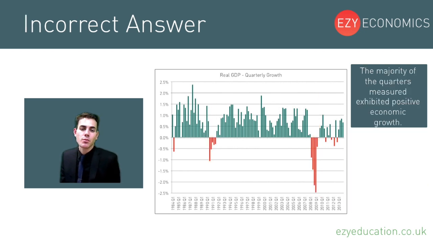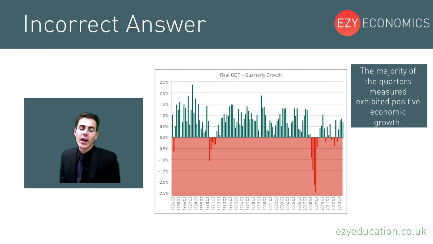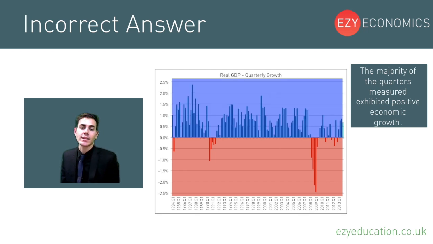Next statement was the majority of the quarters measured exhibited positive economic growth. Well, we know that any bar representing a period that lies below 0.0% and therefore is in this red shaded region is a period which exhibited negative economic growth, and any bar that lied above 0.0% and therefore was a green bar and lies in the blue shaded region exhibited positive economic growth.